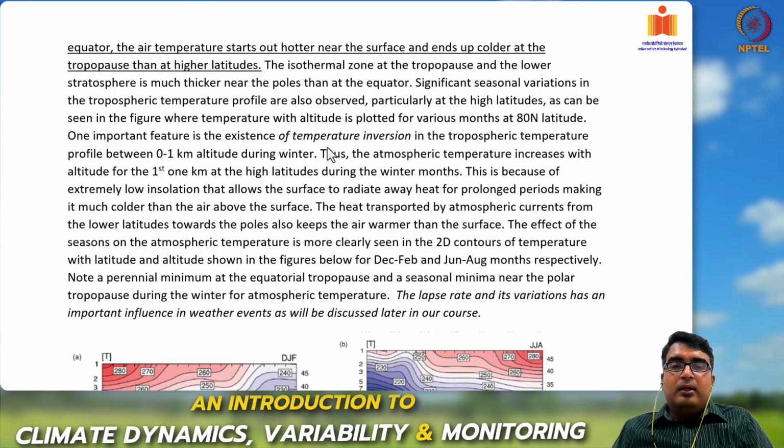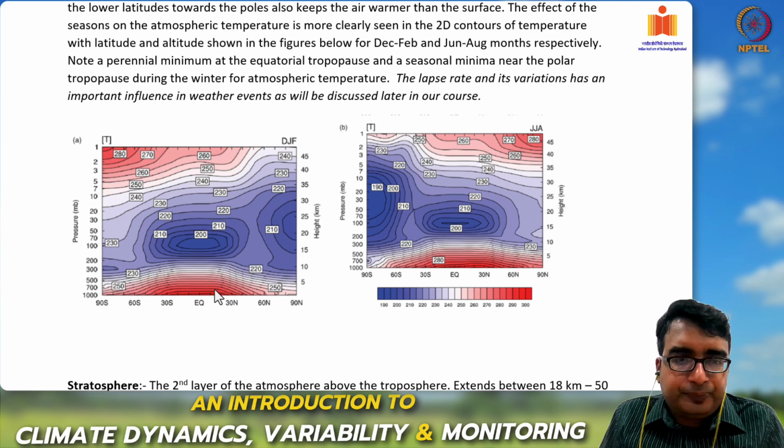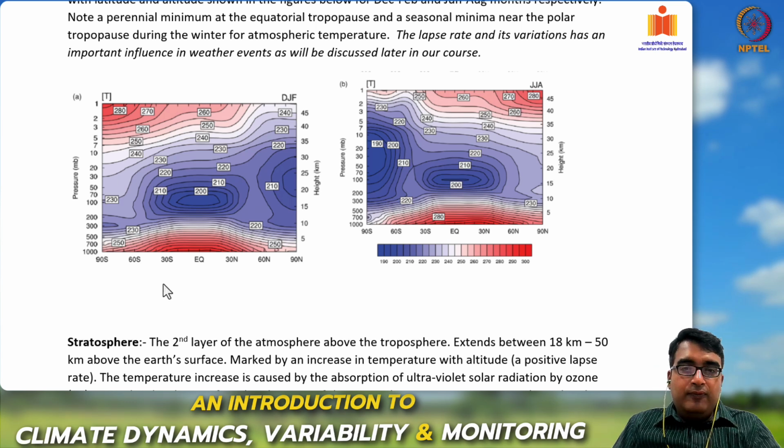So this basic explanation has been shown here itself. A finer understanding of the temperature gradients with latitude can be shown from these figures here. Here, if you can see, the x-axis is the latitude value.